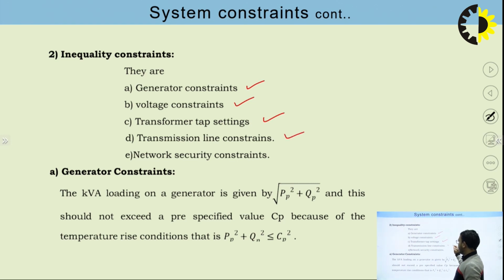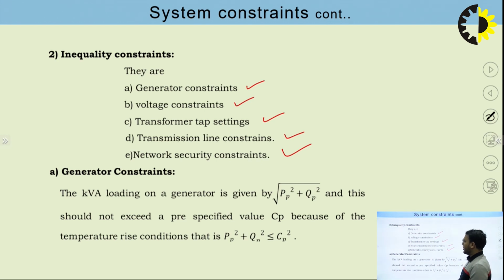Then transmission line constraints: when power has to be transmitted with the help of transmission lines, there are several losses and constraints upon which the transmission losses depend. Last one is the network security constraint. Security is a very large topic, so the security of the system has to be taken care of. There are several constraints, so we will talk about them one by one.